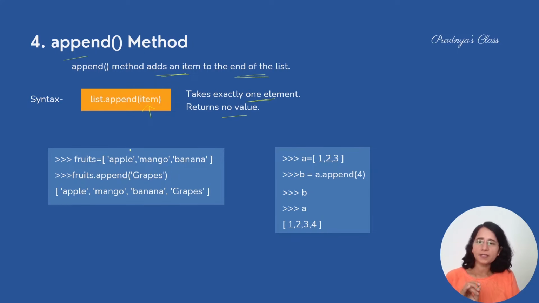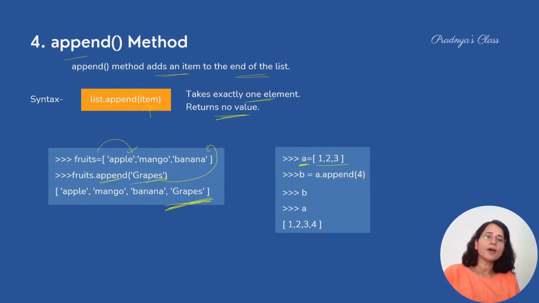So let's consider a list of fruits. I have to add grapes to the list, so it will get added at the end of the list using the append method. Let's consider one more example. There is one list A with item 1 to 3.